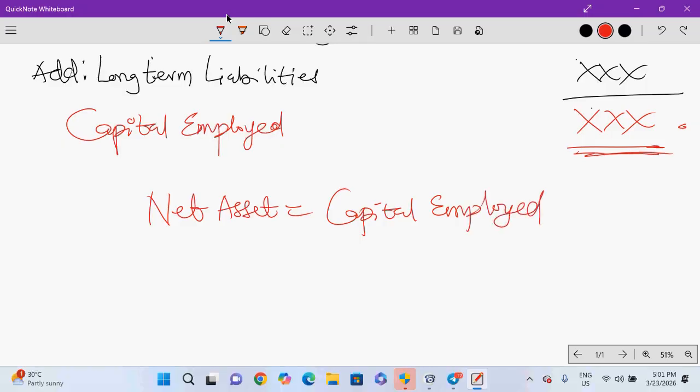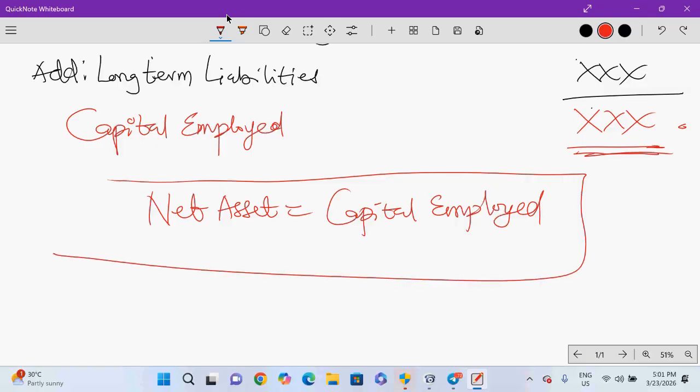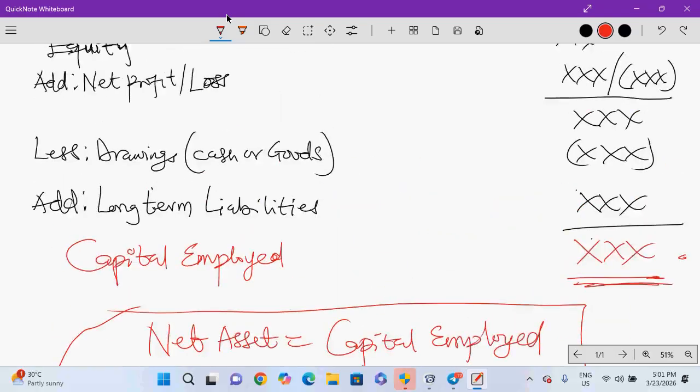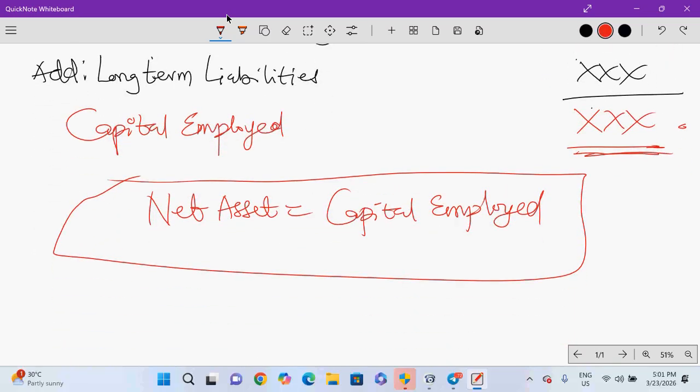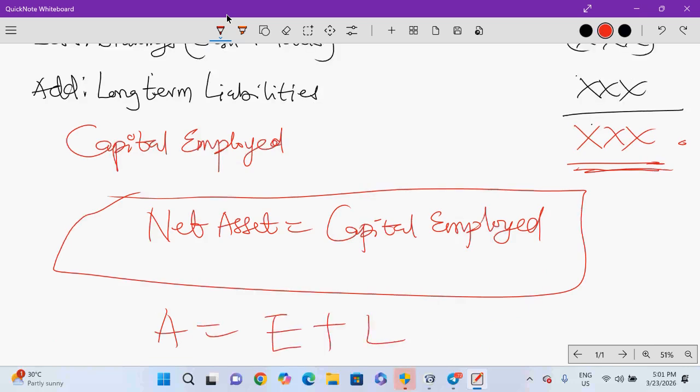Then you can say, oh, my net asset is equal to my capital employed, right? And at the end of the day, it follows the accounting equation: asset is equal to equity plus liability.